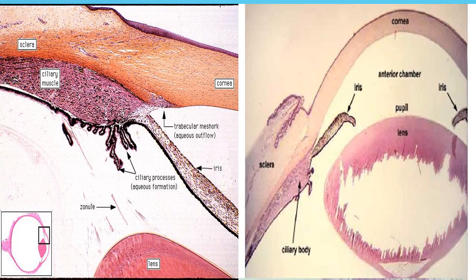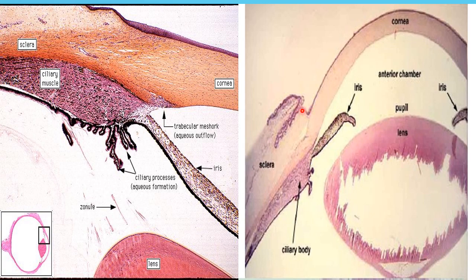Here you can see, as I have shown you, the most superficial layer, the corneal epithelium, continues with the epithelium of the conjunctiva, which is again a stratified epithelium, and the anterior limiting membrane disappears here.